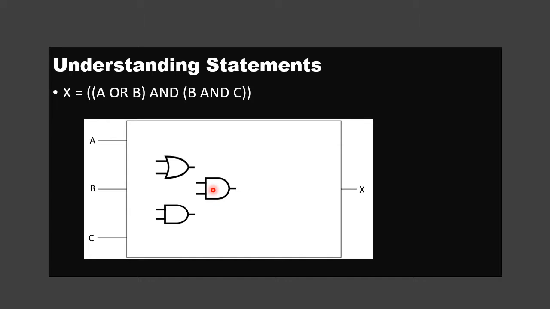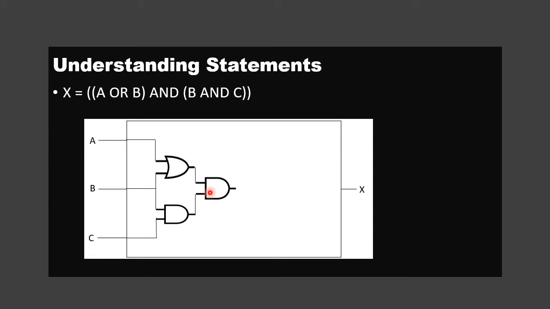Now let's just make the connections. First to the OR gate, A or B. Next, B and C. Now let's connect these two brackets to the next part. We are connecting it to the AND gate.